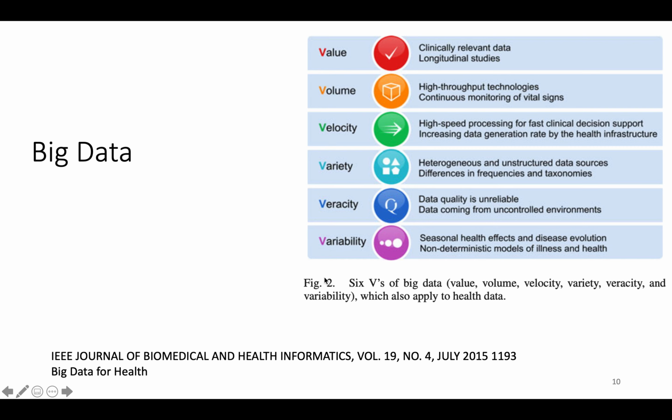So these V's summarize what we mean by big data. Big data is a collection of huge volume of data in high velocity from a variety of sources with different reliability of the sources. If you collect this information from these different sources, we call this big data.